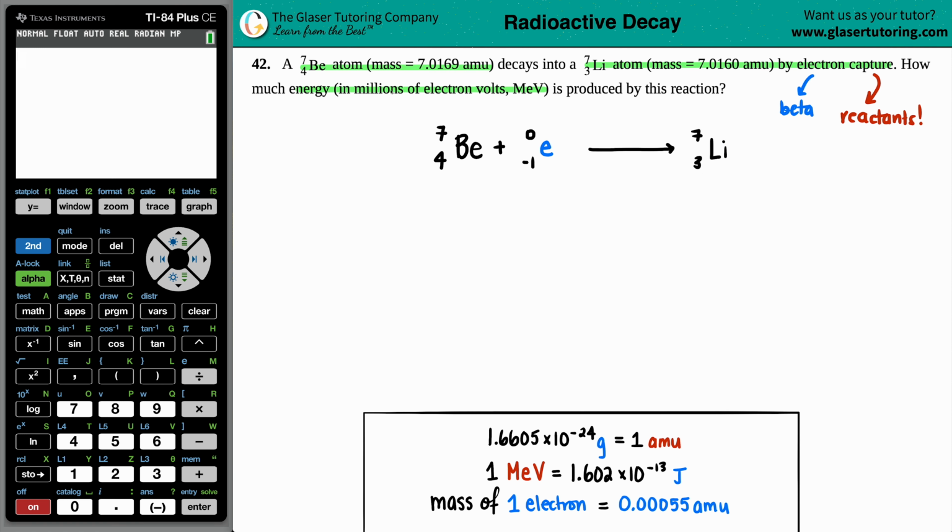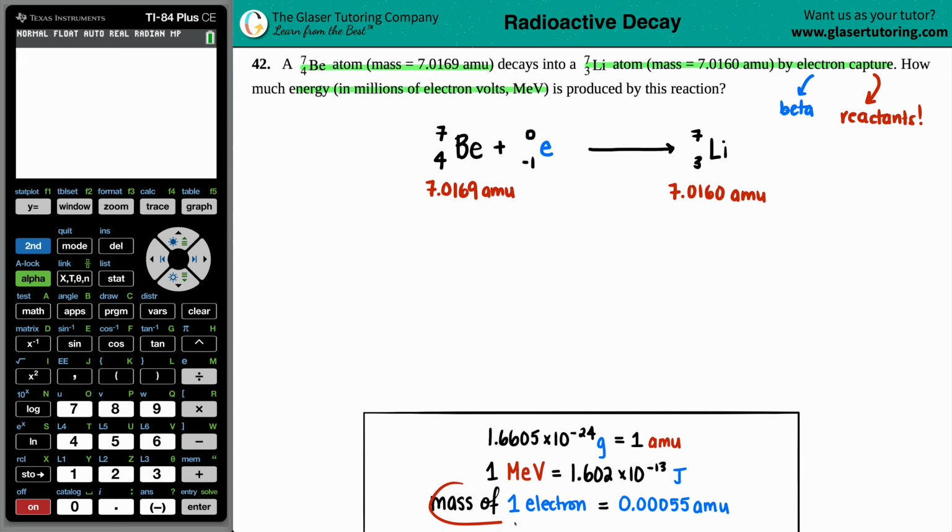Now, they did say that we're starting off with a mass of that beryllium of 7.0169 AMUs, and the lithium atom is 7.0160 AMUs. But now, the idea here is that you're capturing an electron as well. So if that's the case, this electron's got to have some mass.